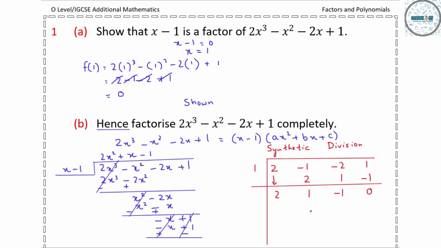Once we have done this synthetic division, this 2 is the coefficient of x squared. This 1 is the coefficient of x. And minus 1 is the constant term. So we have got this quadratic expression using synthetic division.